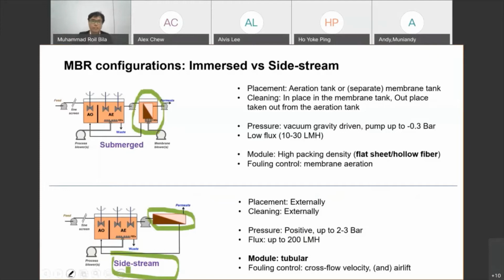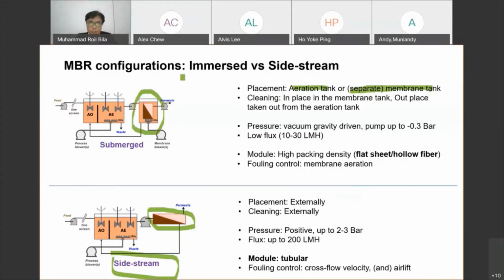So what are the features of these two configurations? Submerged MBR, you place the membrane in the aeration tank or in a membrane tank. Most installations have a separate tank, an MBR tank. So if we have an activated sludge system with a sedimentation tank, we can use the sedimentation tank as the membrane tank, so no need for more investment in a membrane tank.